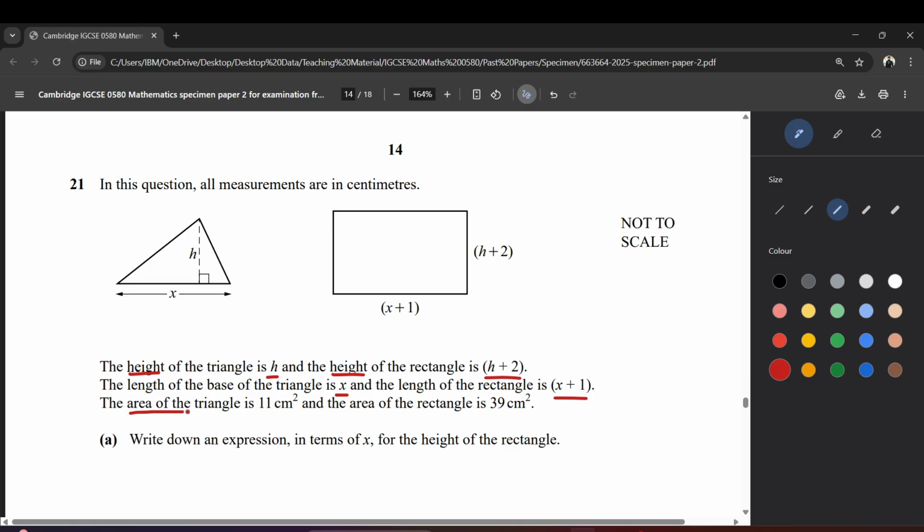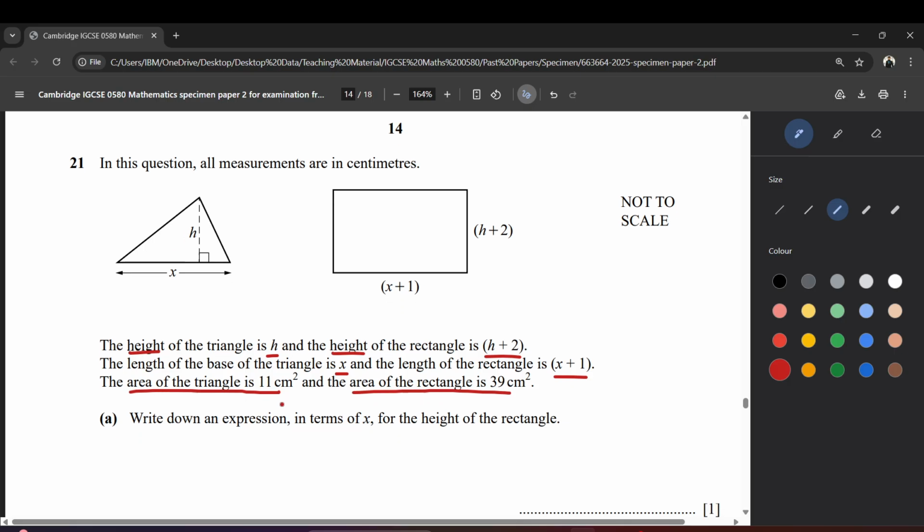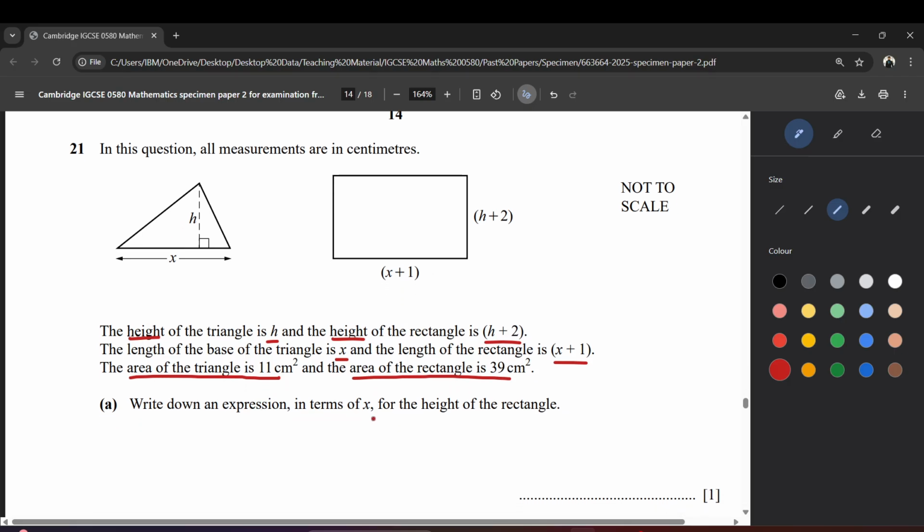The area of the triangle is 11 centimeters squared and the area of the rectangle is 39 centimeters squared. Write down an expression in terms of x for the height of the rectangle.